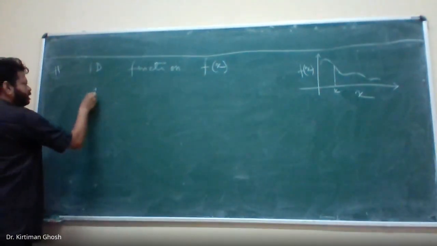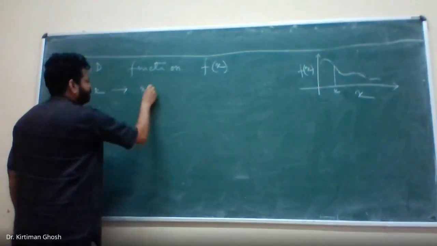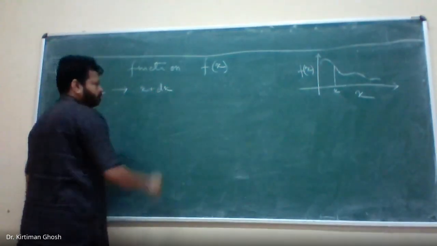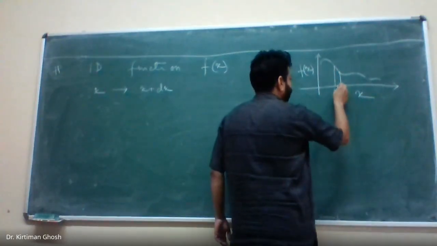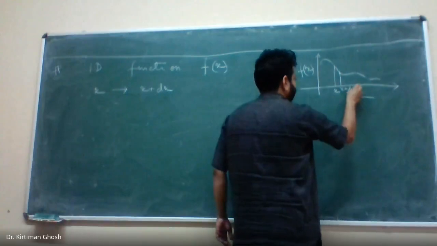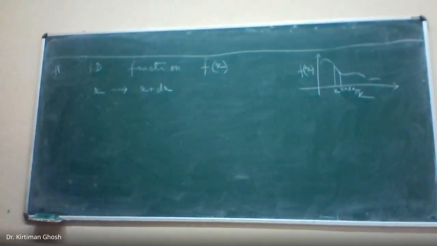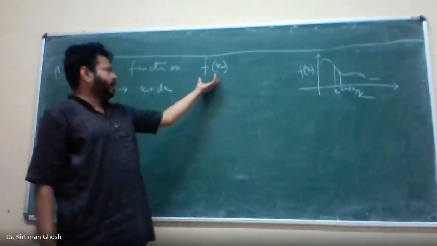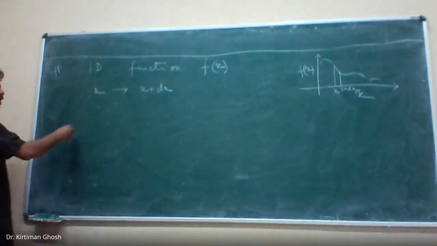Now the question is, if I change x to x plus dx, let us assume that another point is here, which is dx distance away from x. So this is the point x plus dx. How is the function changing? What is the change in the value of this function? This is a very simple question, and probably you know the answer.